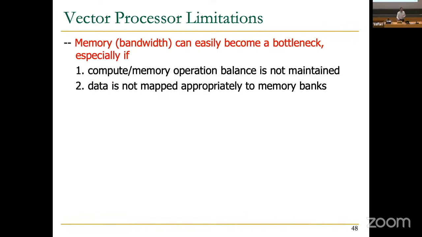Another limitation or downside is, as we will see, memory bandwidth can easily become a bottleneck, especially if you don't have balance between compute operations and memory operations, and especially if data is not mapped appropriately to memory banks. We're going to talk a lot about this starting today, and we're going to see memory structure a lot more. But one of the major places where memory first became a bottleneck was really vector processors, because these are pushing the limits, right?